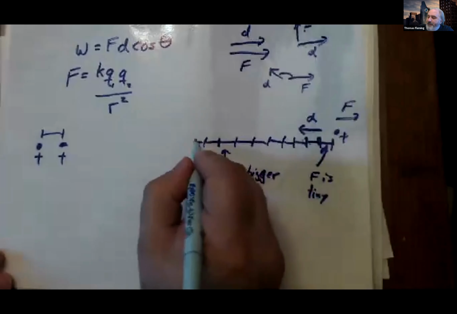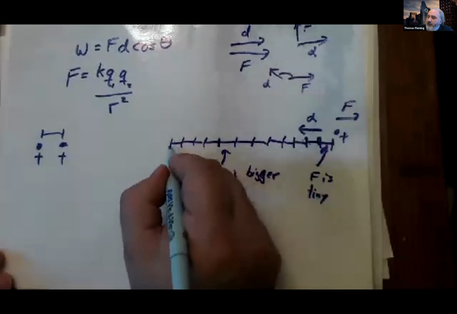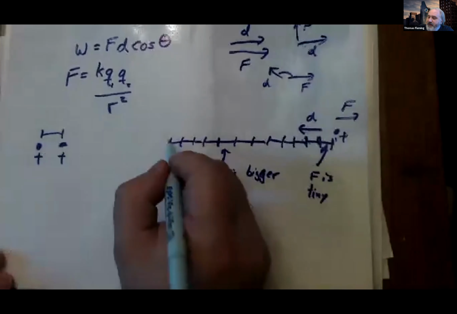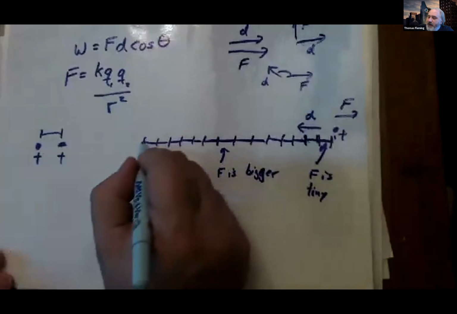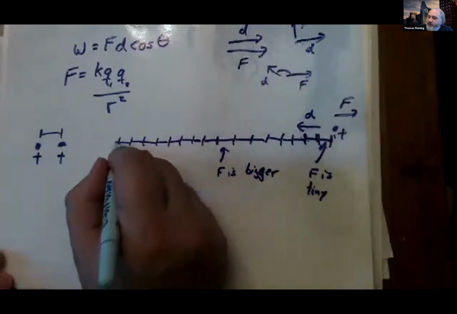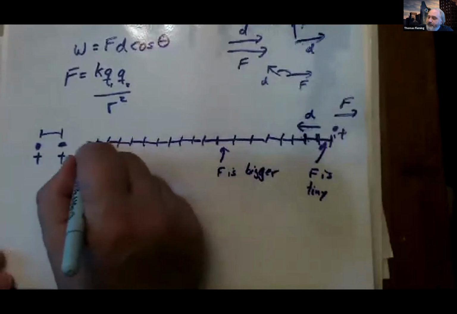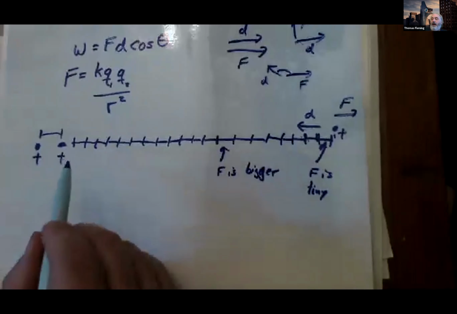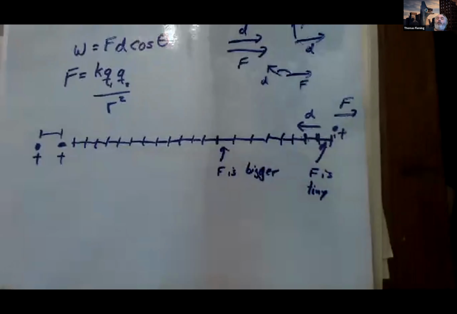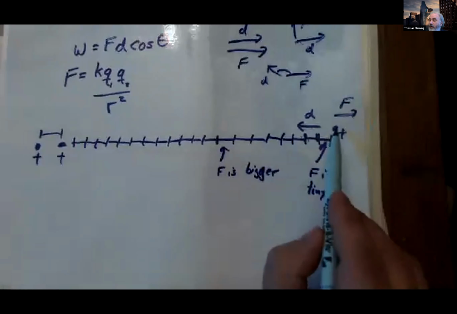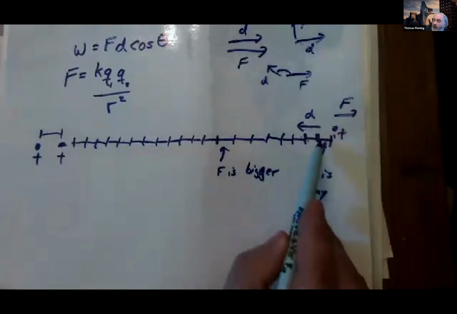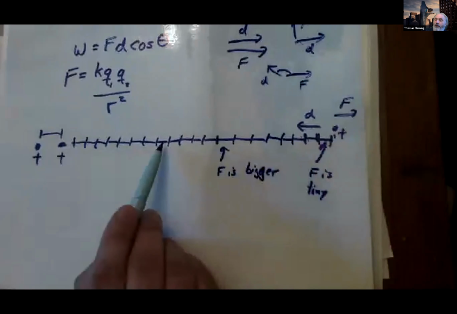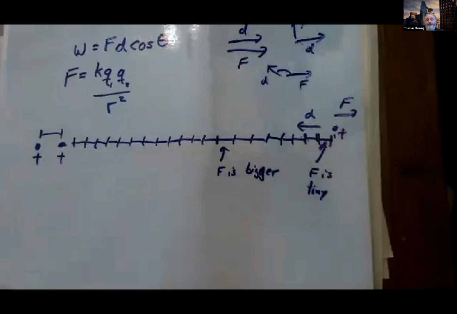So to go from point A to point B, I have to add up a whole bunch of these little tiny baby steps. Each of these baby steps, I'm doing more and more work. So if I want to know how much work I do to go from here to here, I've got to add up all the work for all those little tiny baby steps.